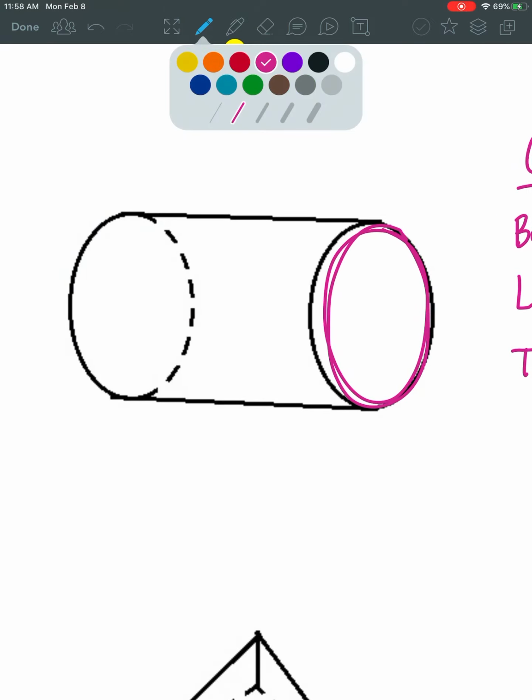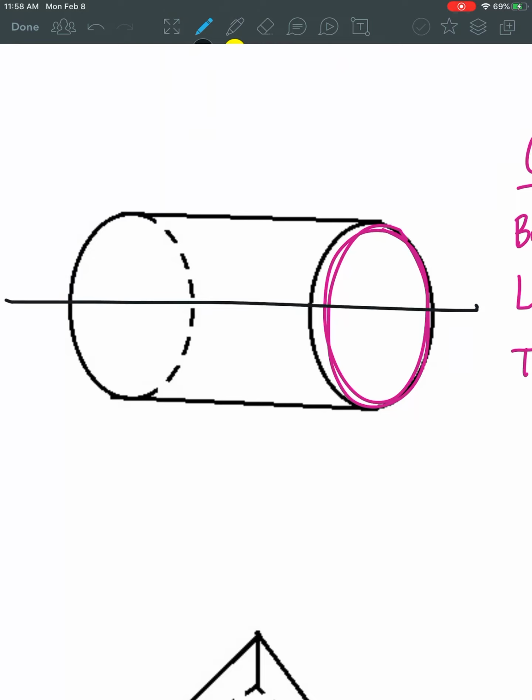Okay. Now, cross sections. If you were to cut the cylinder horizontally, think about what you will see. You're going to see a rectangle. Okay. Now, be careful, because right now our cylinder is laying down.